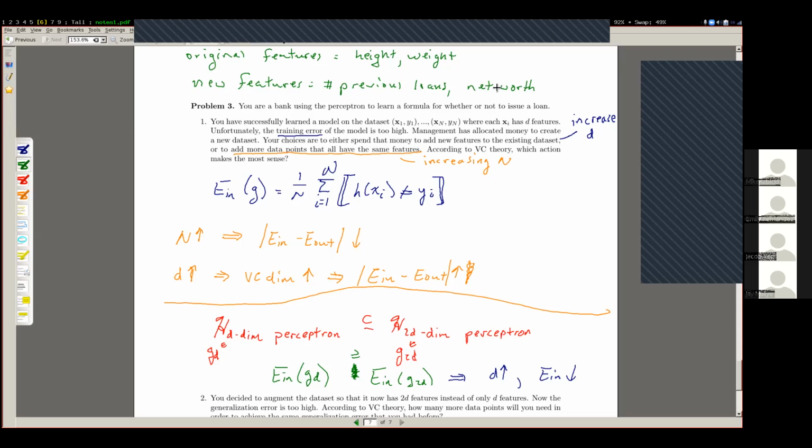And by having that extra information available, that's going to give me more information to make the training error go down. But the downside is that it's going to make the generalization error go up.